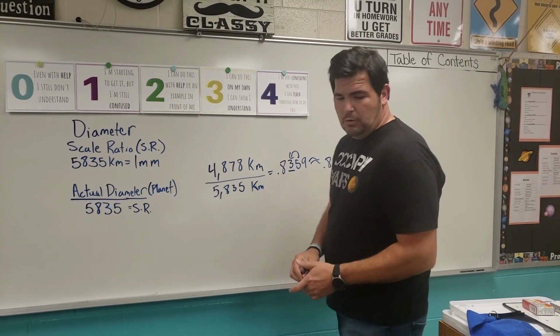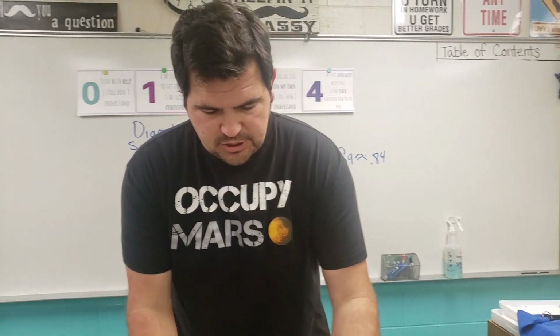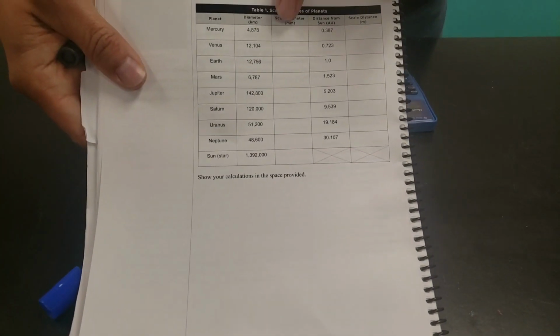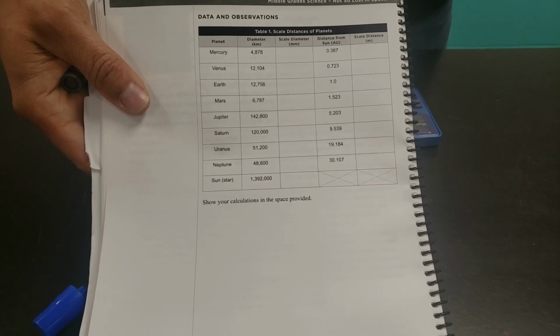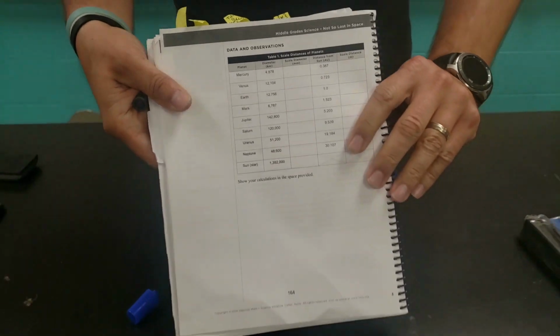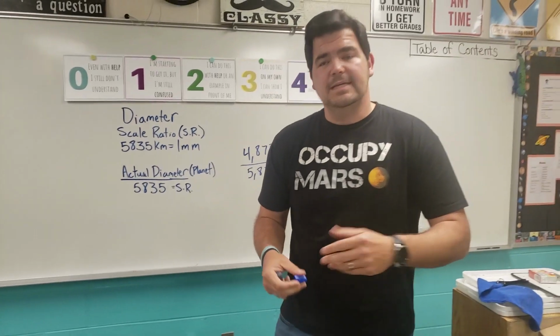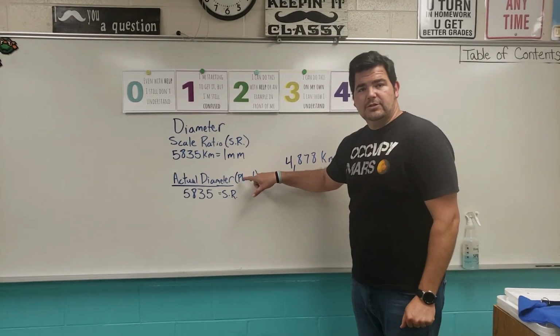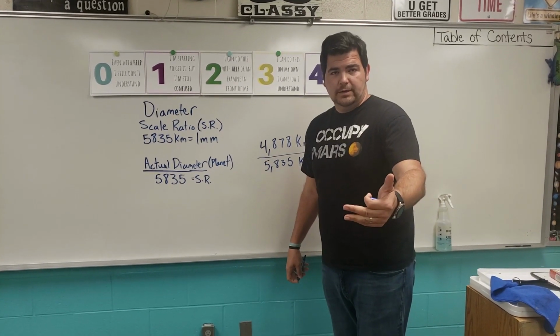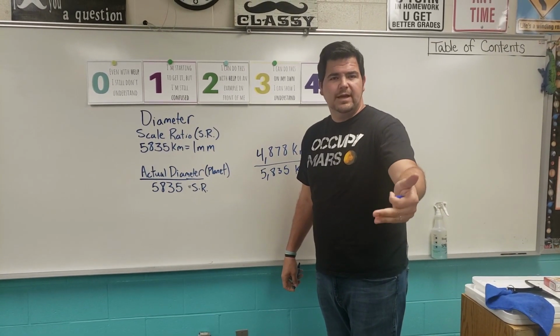And the students will record that on their sheet right here where it says scale diameter. So it'd be 0.84 millimeters would be the scale diameter of Mercury. And then I would have the students do Venus, plug in the actual diameter, divide it by this, and they would do that as their group, like a we do.